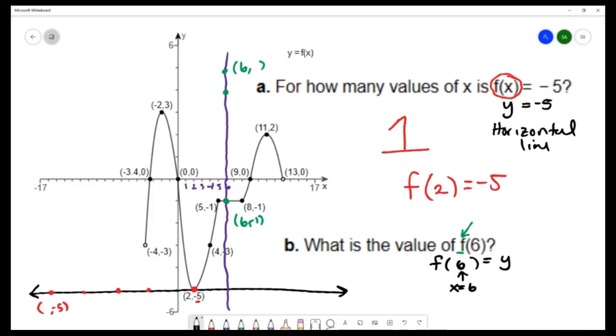So that tells us that f of 6 is negative 1. I, for whatever reason, wrote negative 5 and said negative 1. So the y is negative 1 when x is 6.